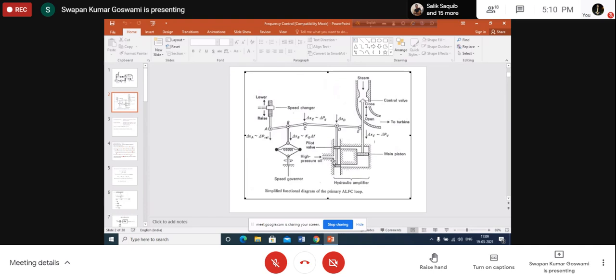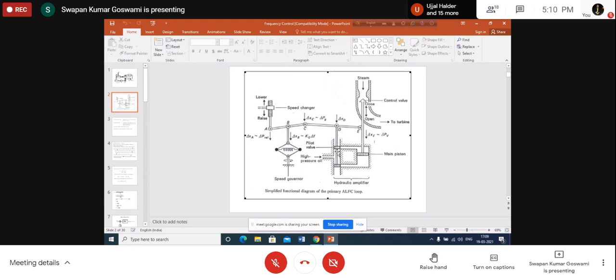And obviously that oil will come from the high pressure oil pump. So basically it is related with the hydraulic amplifier. So we are now focusing on the operation of the hydraulic amplifier, because we are interested in knowing how movement of E will be affected by the movement of D.